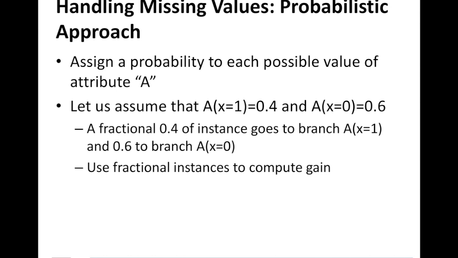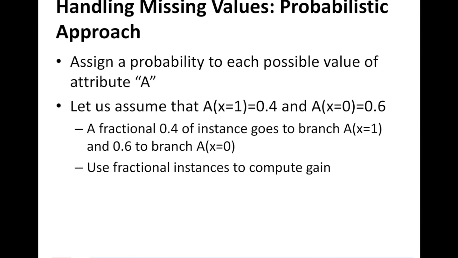Here you assign a probability to each possible value of attribute A. Similar to the earlier example, where we had 9 highs and 1 normal in play tennis equal to no, you now say the missing value in that set is 9 out of 10 high and 1 out of 10 normal.